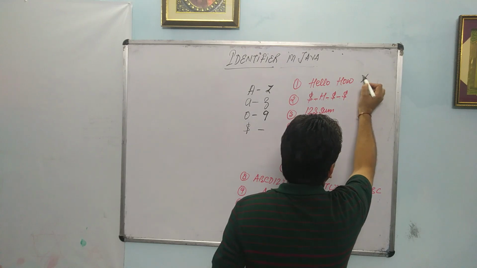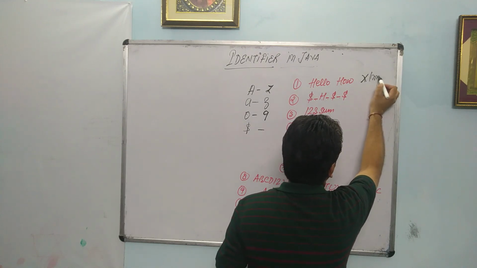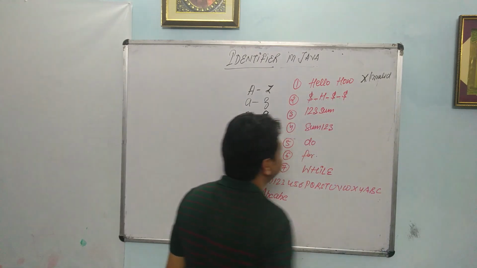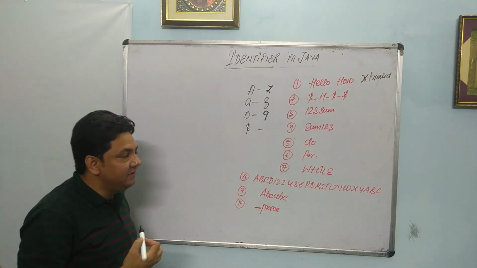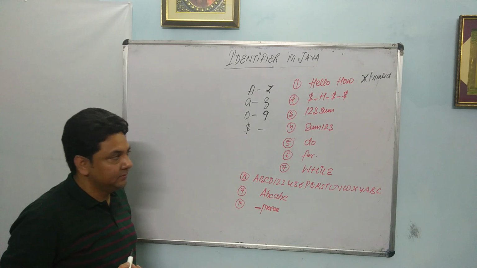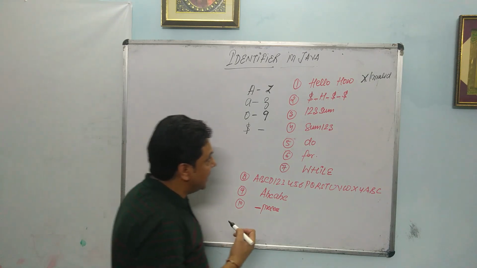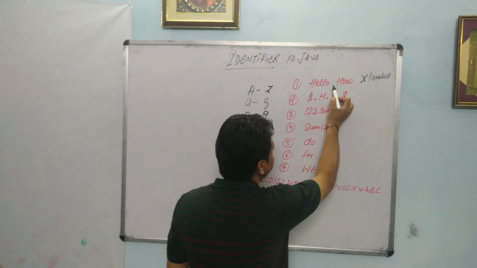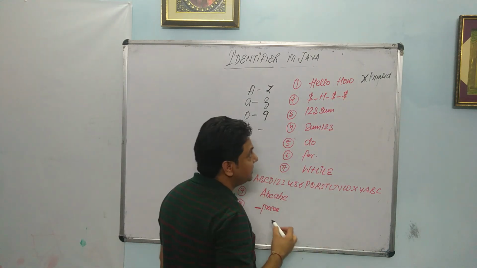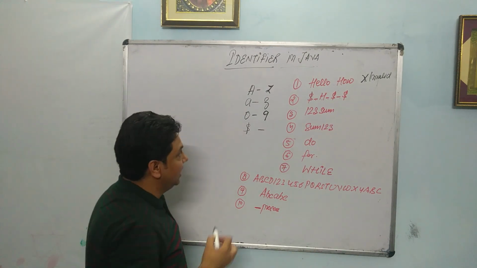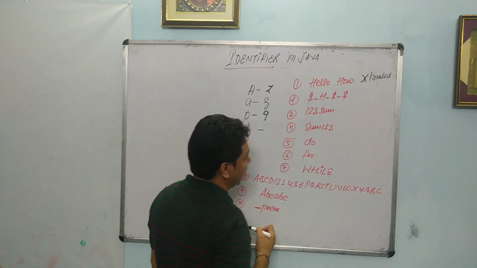Absolutely invalid, because spaces are not allowed between the words of an identifier. If we are using any space between the words, it will not be acceptable. It's invalid. Number 2 is valid or invalid?